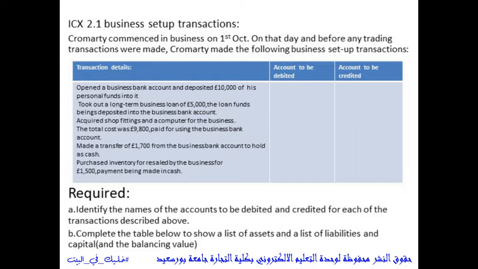Required. Number A. Identify the names of the accounts to be debited and credited for each of the transactions described above. Number B. Complete the table below to show a list of assets and a list of liabilities and capital and the balancing value.